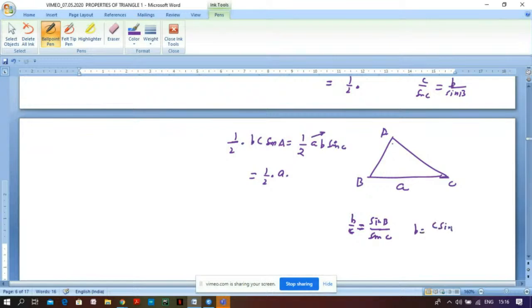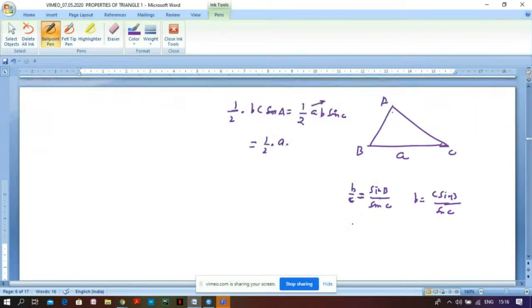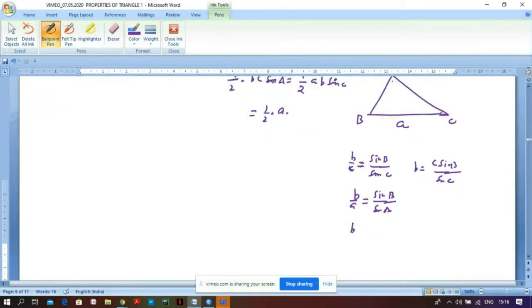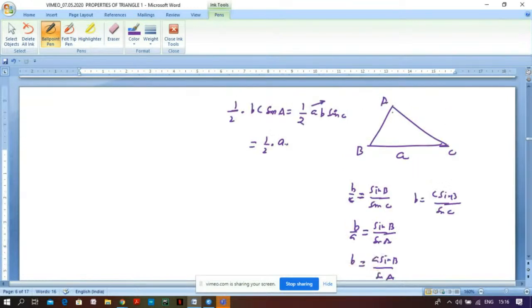But then I want it in the form of A. So better would be that I write B by A is sine B over sine A. So I can write B equal to A times sine B over sine A. So half times A, and B is A sine B over sine A, and this is sine C. So I'm getting half, and then A square sine B sine C over sine A.